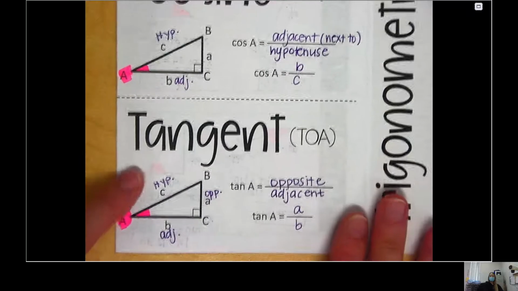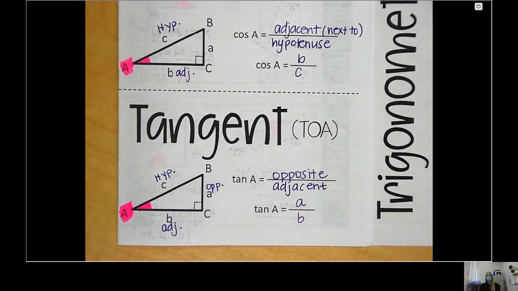The last one we used was the tangent, and the tangent was when we took the side that was opposite and divided it by the adjacent side. So in other words, we did not need to use the hypotenuse for the tangent problems.